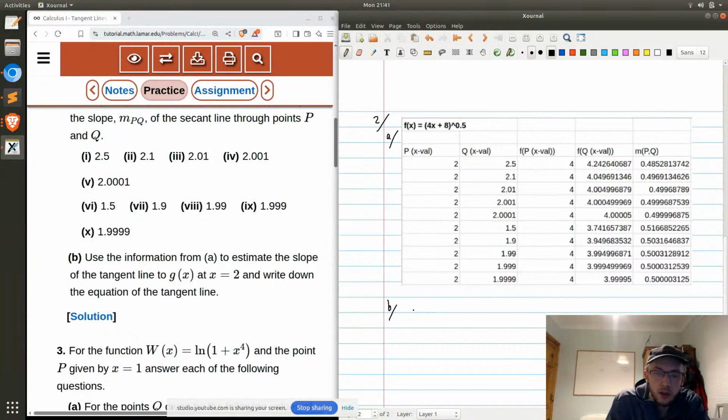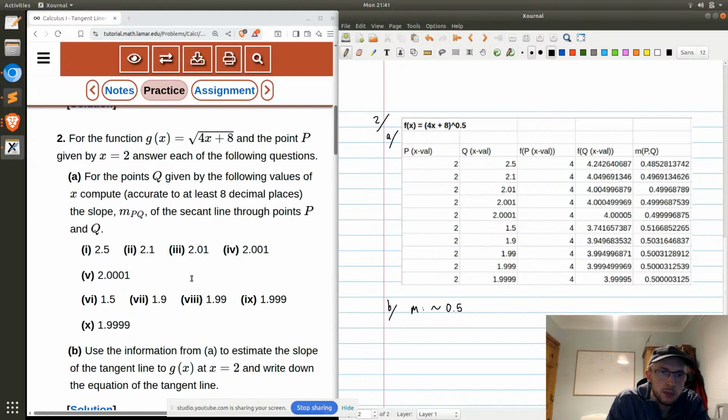So we use M 0.5, and that indicates that it's an estimate. The point in question, P, which we know to lie on the secant line and does not change. P is 2, 4.